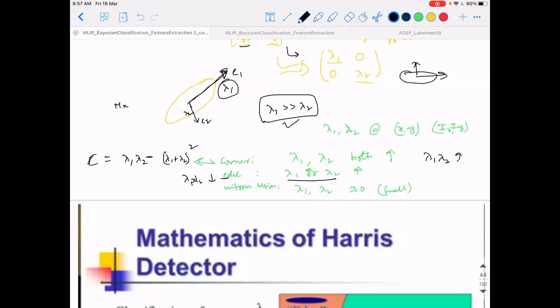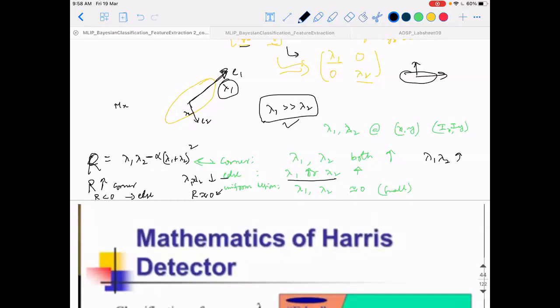So what he did is he formulated a cost function, a quantification of a corner point: R = lambda 1 lambda 2 minus alpha times (lambda 1 plus lambda 2) whole squared. The elegance of this is, if R is high, it is a corner. If R is low, in fact negative, it is an edge. If R is close to 0, it is a uniform region. That's all.